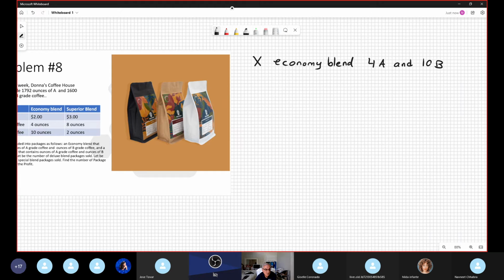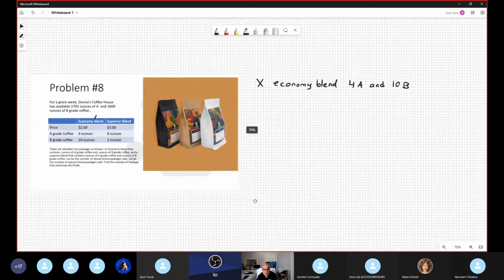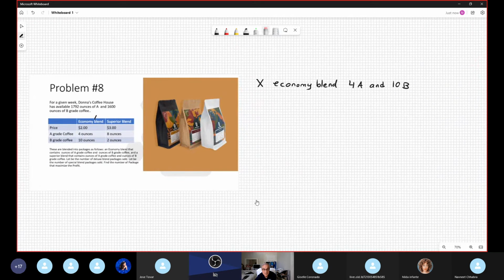Look at that. Economy is this column, and this column is 4 of the A and 10 of the B. Okay, I understand this. And the other one, I call Y. Guys, this X and Y represent the number of packages.